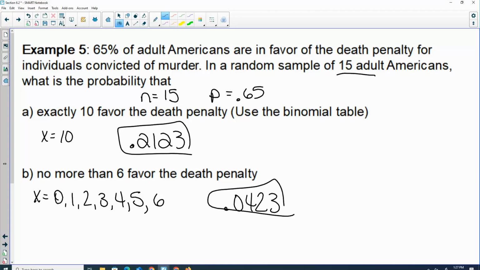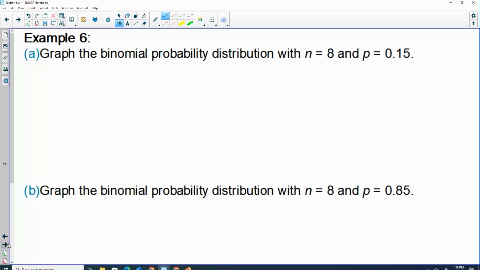And then I went to look at a couple, I think you might have had a question that asked you to graph the binomial distribution, so I wanted to touch on one of those. Graph a binomial probability distribution with n equals 8 and p equal to 0.15. So that is just creating the graph with the probability on the y-axis, and our x-axis is our different values up through 8.